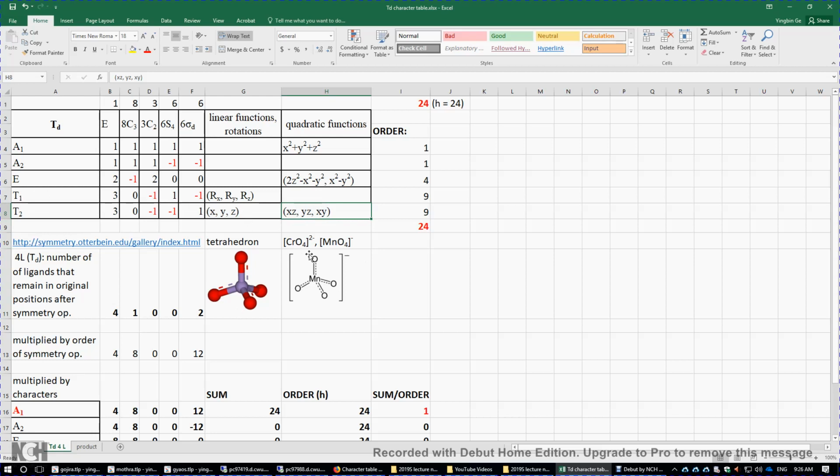Px, py, pz on this metal also have this T2 symmetry or irreducible representation. So these 3 d orbitals can mix with the 3 p orbitals. And the mixing can actually slightly lower the energy of these 3 anti-bonding orbitals.